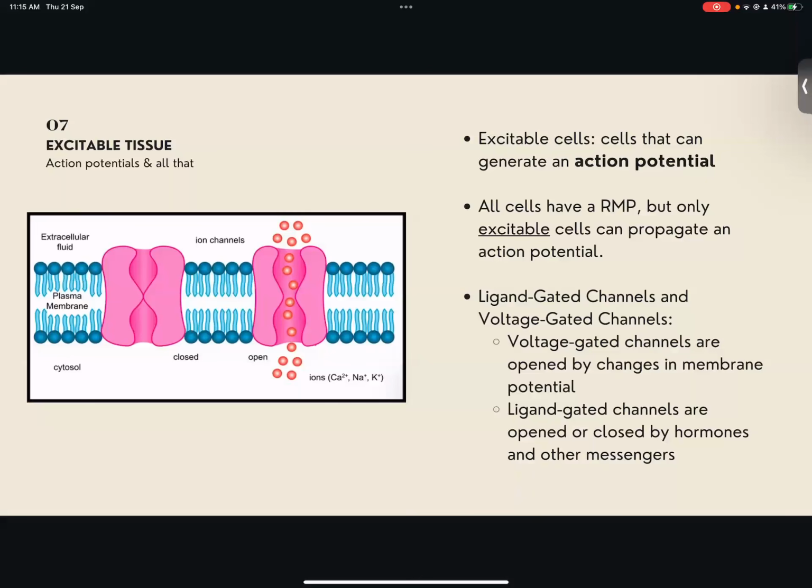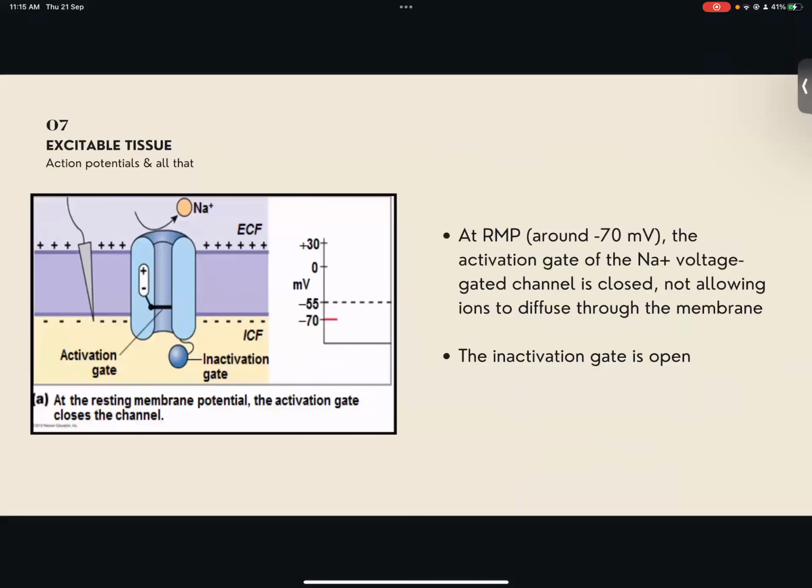Once there's a neuronal signal, it will send acetylcholine, and it will open up a specific channel and allow influx of a specific ion. So ligand gated channels are opened or closed by hormones and other messengers, and voltage gated channels are opened by changes in membrane potential. Okay, I hope that makes sense so far.